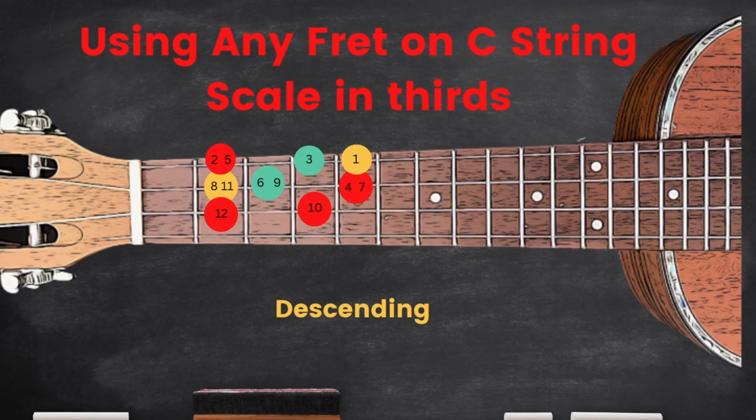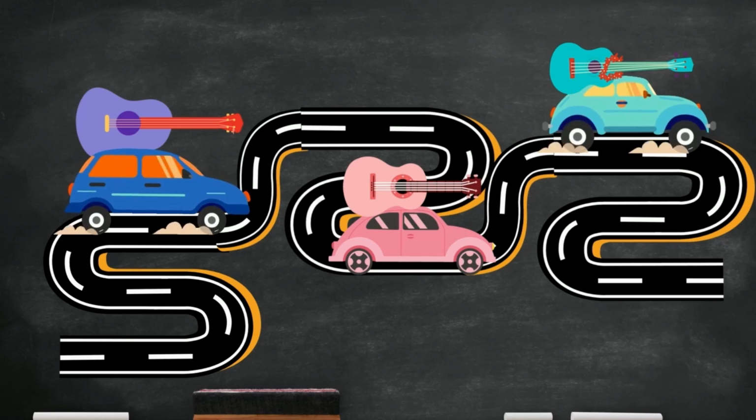Ready, begin. 1, 2, 3, 4, 5, 6, 7, 8, 9, 10, 11, 12. This will help you play melodies, riffs, and chord melodies on your ukulele.